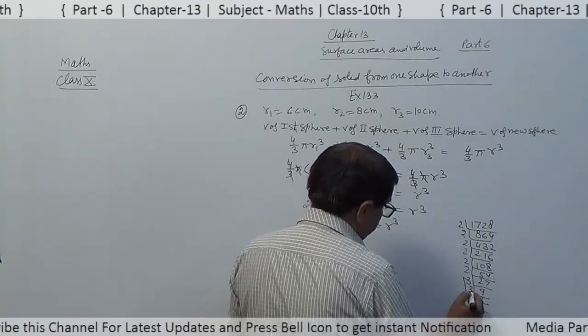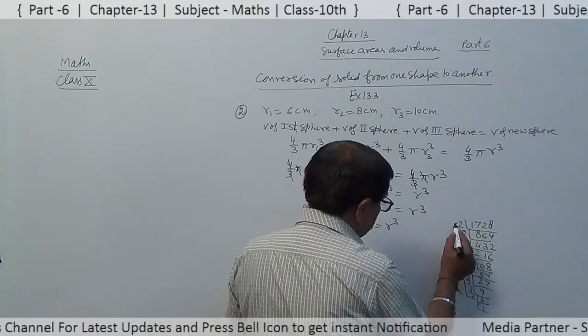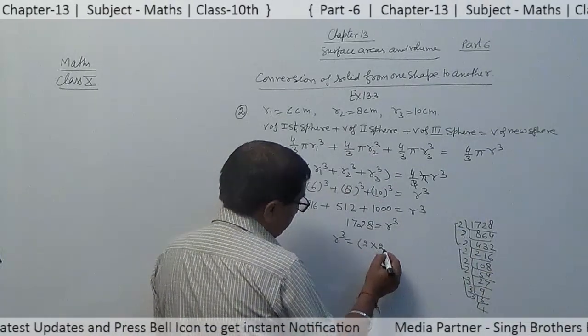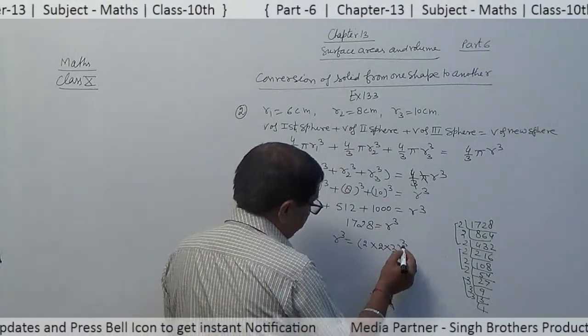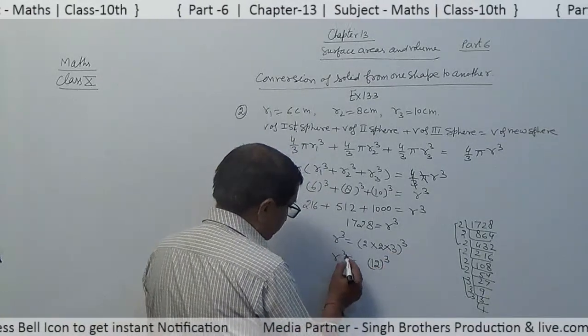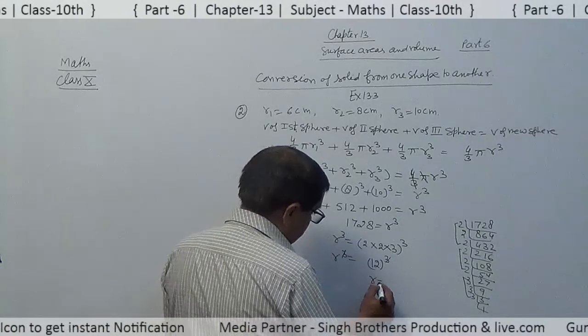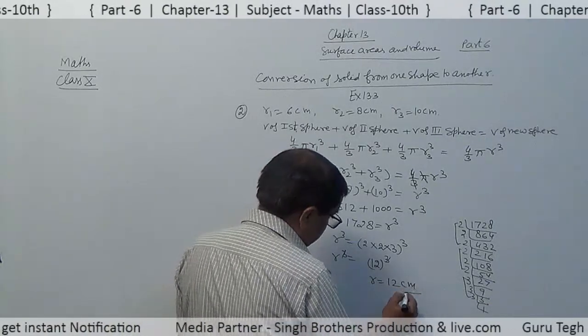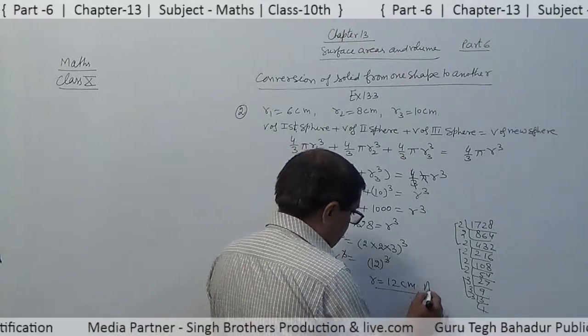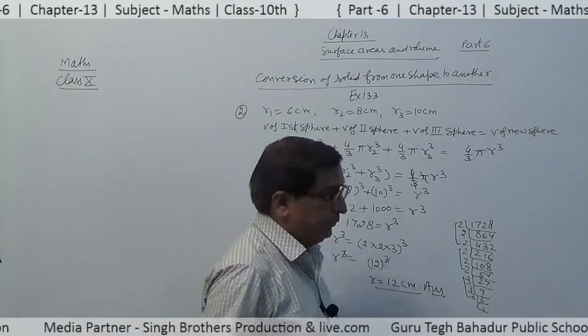So it is cube of 3, cube of 2, cube of 2. That means 2 into 3 whole cube, that is 12 cube. Cube and cube cancel. R is equal to 12 centimeter. So the radius of the new sphere is 12 centimeter.